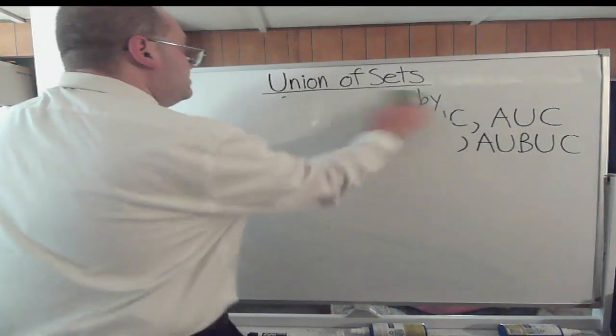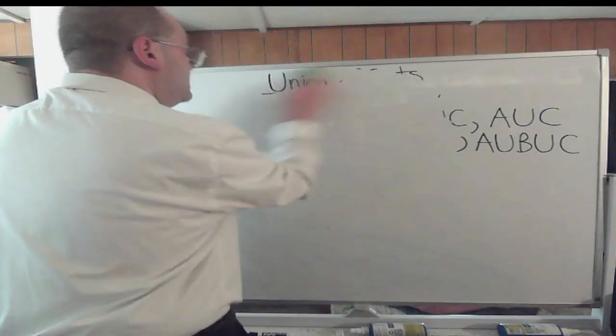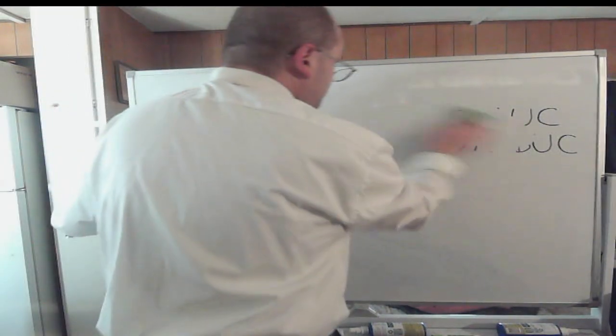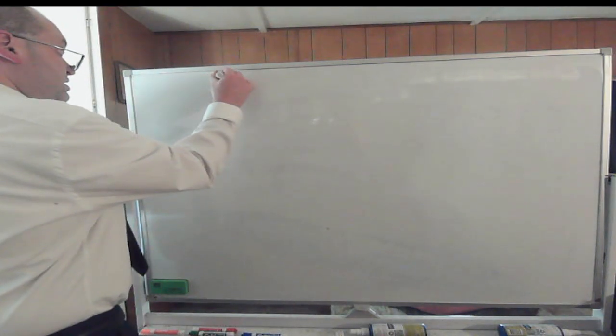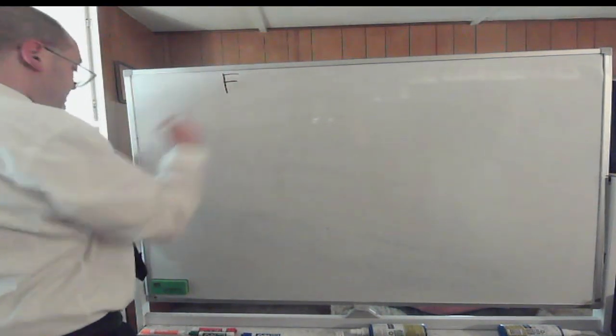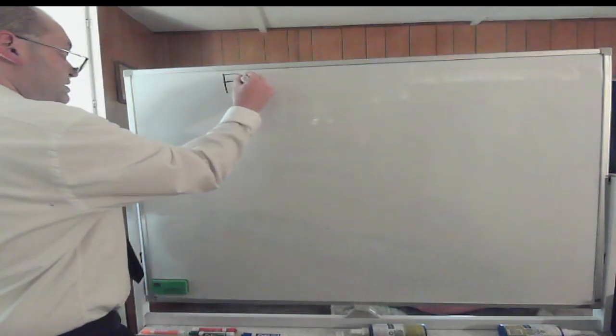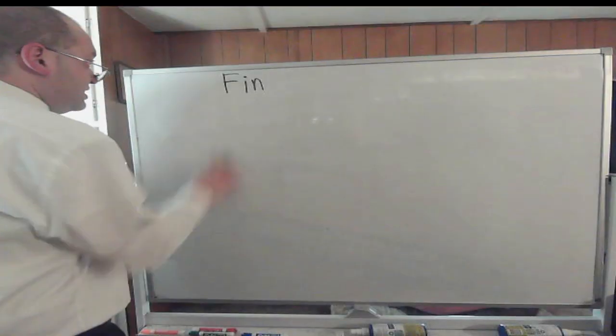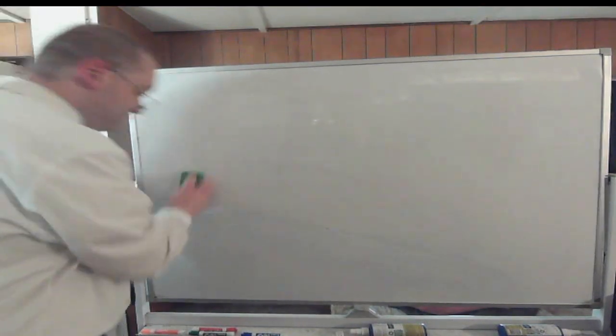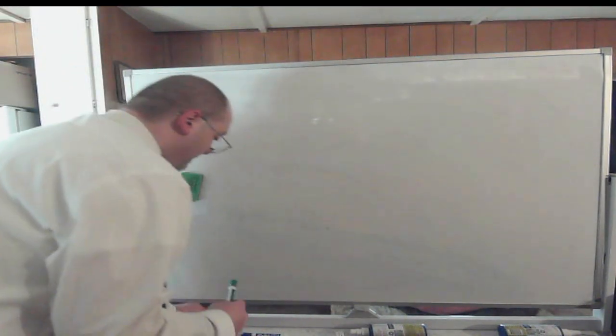We're going to do some union problems real quick, and then we'll move on to intersection of sets. So let's see. Let me write this in a different color since I'm doing the master problem here.